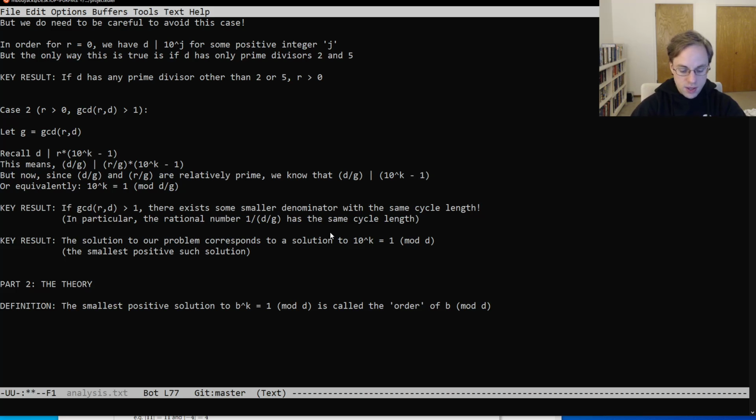And so this allows us to restate the problem: find the natural number d less than 1,000 such that the order of 10 mod d is maximized.